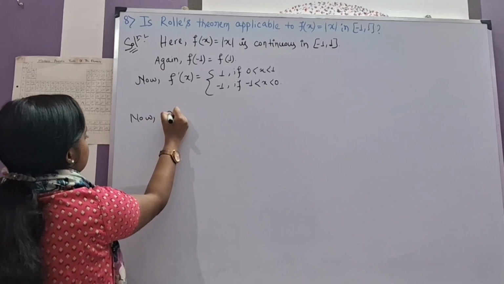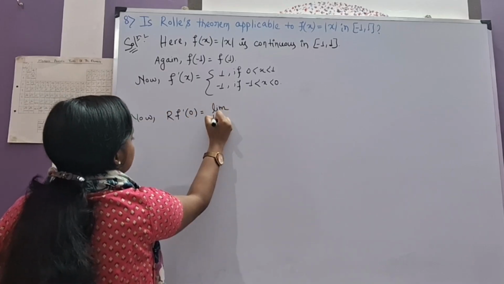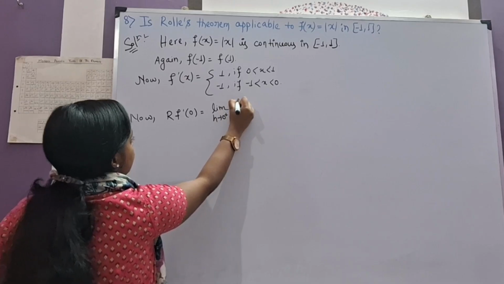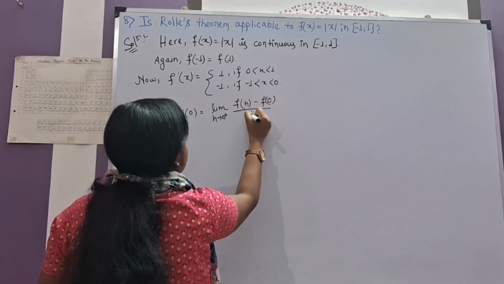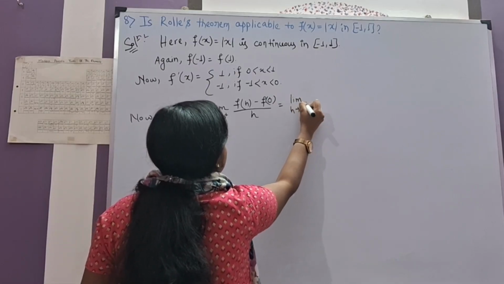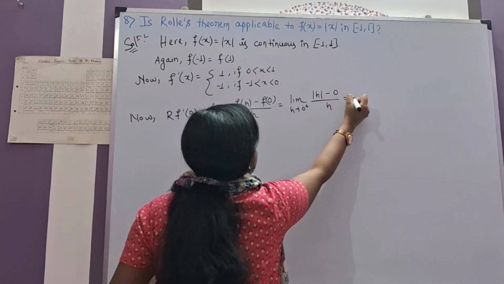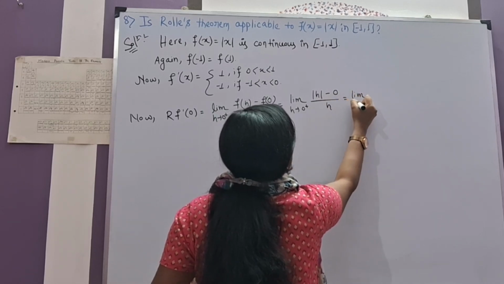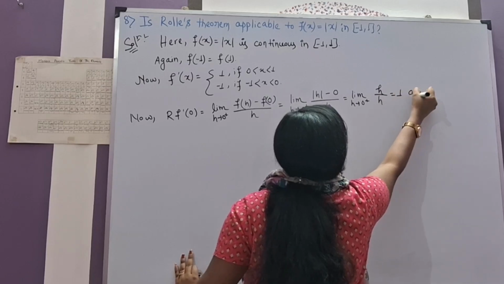Now, right hand limit of f dash of 0 equal to limit h tending to 0 plus of (f of h minus f of 0) by h, equal to limit h tending to 0 plus of (mod h minus 0) by h, equal to limit h tending to 0 plus of h by h, equal to 1.